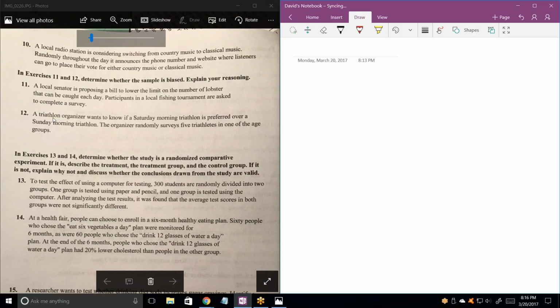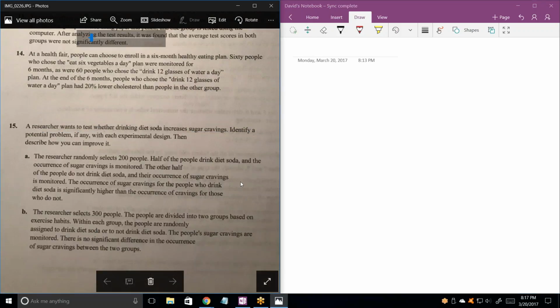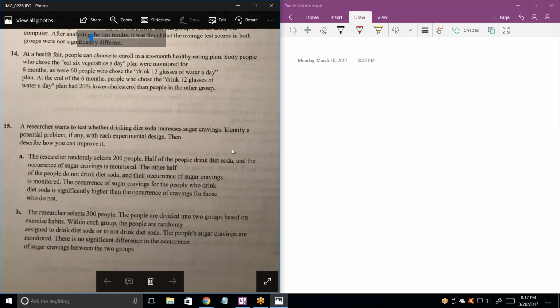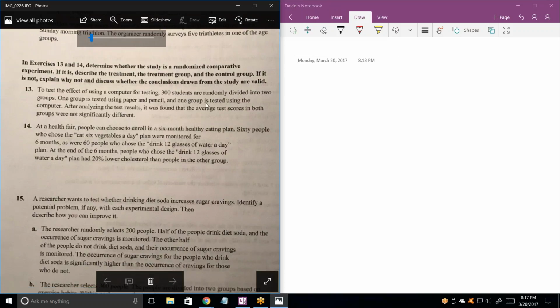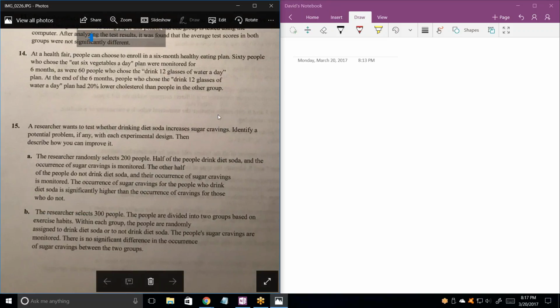They could have had 30% lower to start with. Maybe it got higher. So it doesn't really tell you much. And the reason it doesn't tell you much has everything to do with the fact that it was not a randomized, comparative experiment. All right. Let's look at 15.